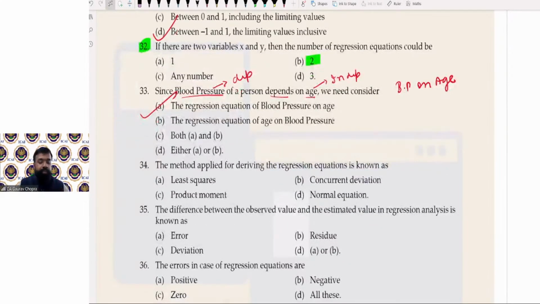Then 34. The method applied for deriving regression equation is known as. तो कौन सा मेथड हम यूज करते हैं रिग्रेशन में? आंसर इज लीस्ट स्क्वायर मेथड.